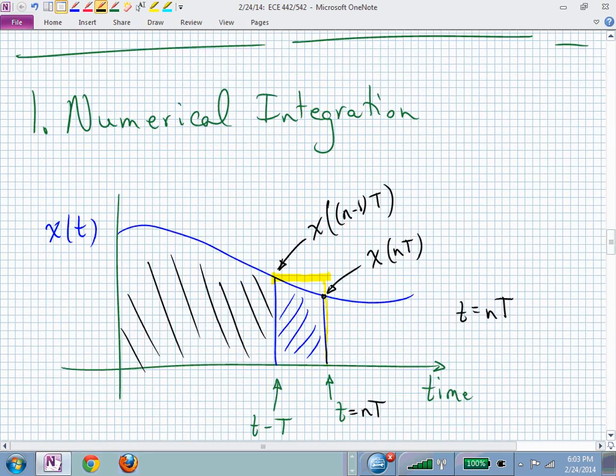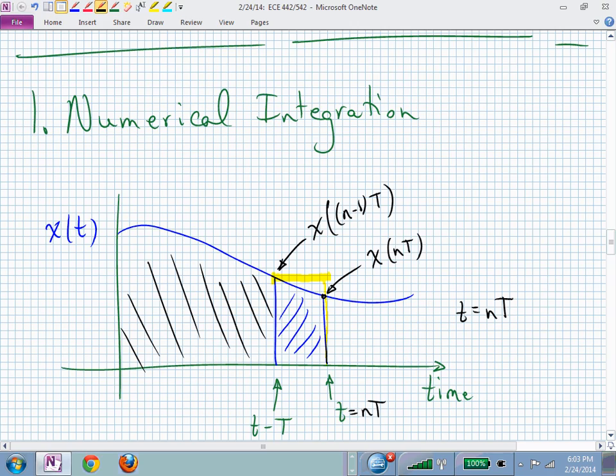Our x of t was decreasing over that interval of time, and we were overestimating that. But the idea is capital T is going to be pretty slim, and maybe it will sort of average itself out if x of t has some shape to it beyond just monotonic.